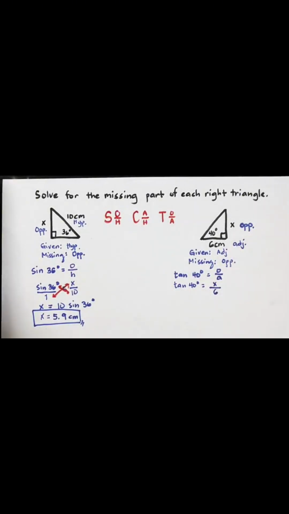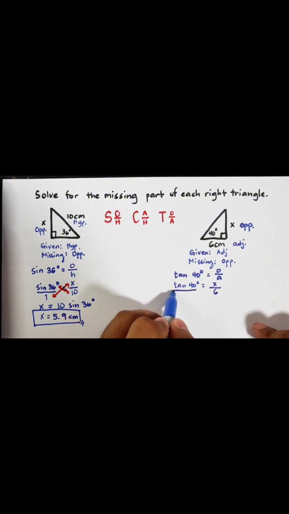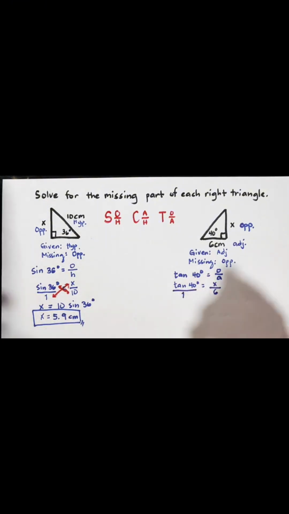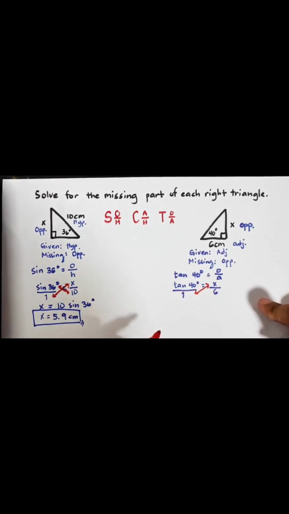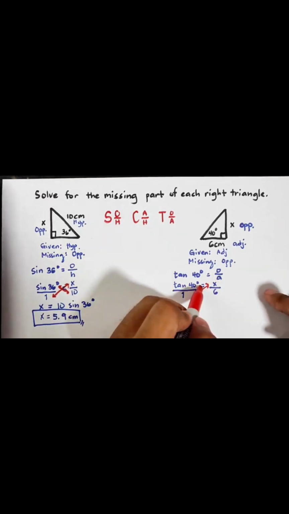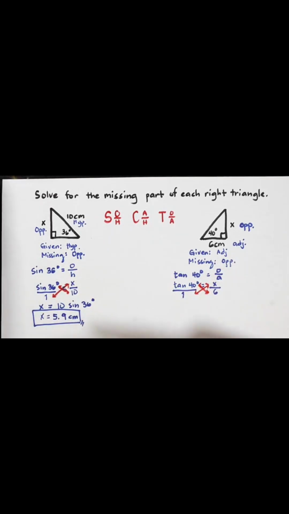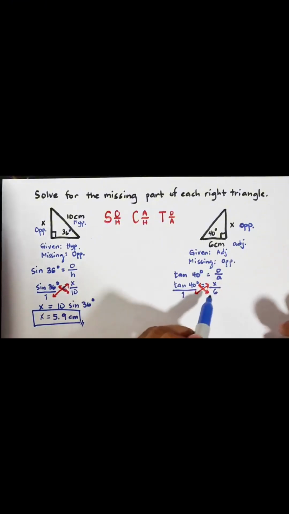So we need to cross multiply again. I will put an invisible 1 here for us to multiply with the x variable. Let's multiply. 1 times x is x.